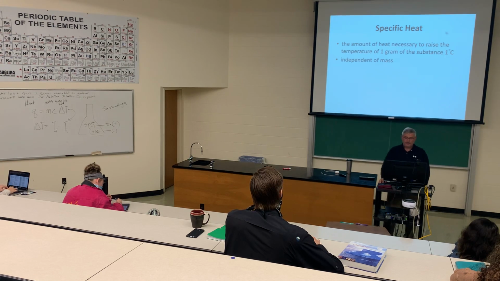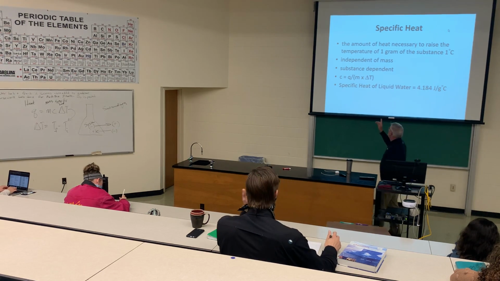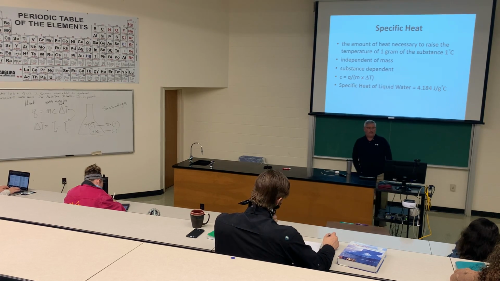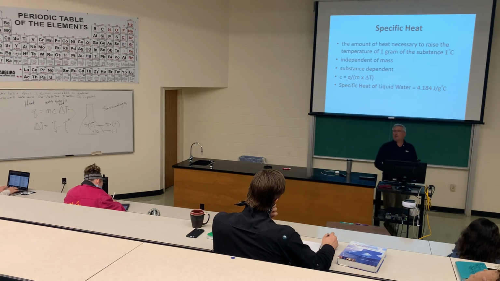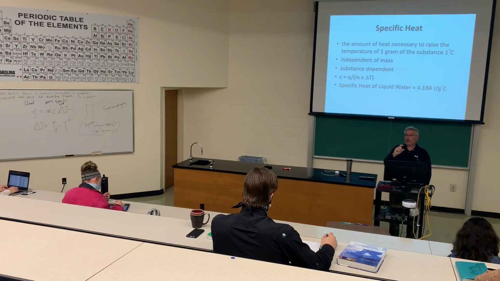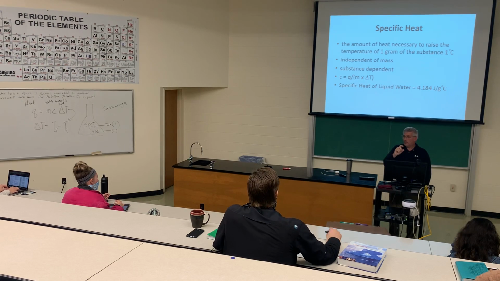So anyway, you guys have heard me talk about specific heat, right? And so specific heat of liquid water. Now notice I put liquid in there, right? The old slide set doesn't have that, but I want to make sure that you realize the state that the substance is in matters, right? If I'm liquid, I have a different heat capacity than I do when I'm a solid. And I have a different heat capacity when I'm a gas than I do when I'm a liquid or solid.